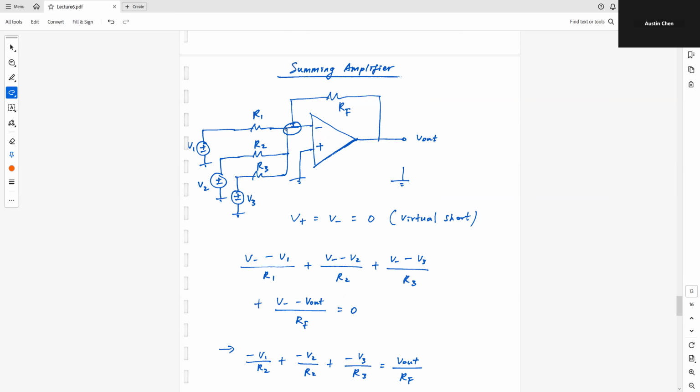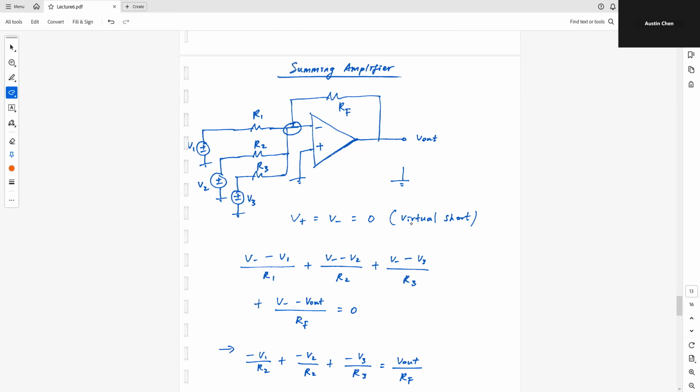And this is nothing but the inverting amplifier. But this is a summing amplifier because now I'm going to introduce two more input signals, so that hopefully this V out can find a way to sum all these voltages together.